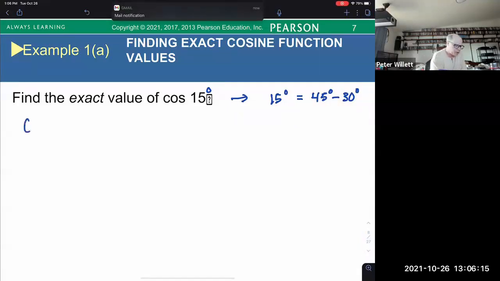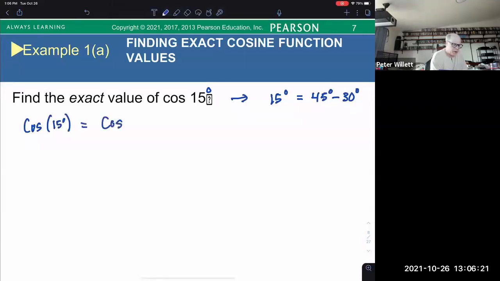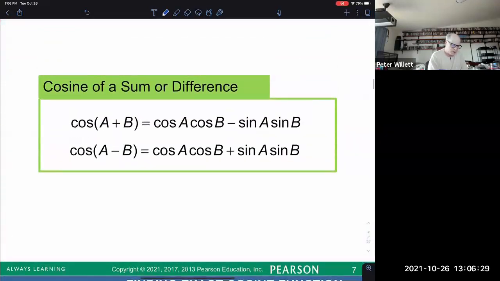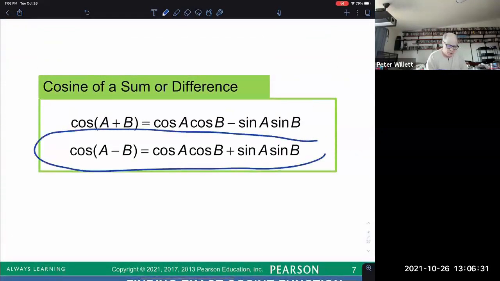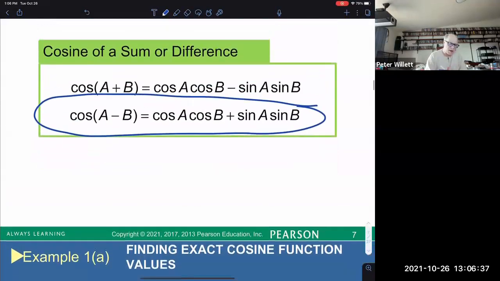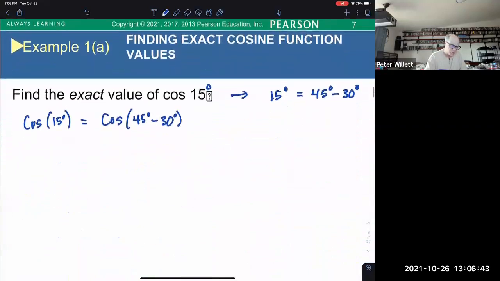So I can express cosine of 15 degrees as the cosine of 45 degrees minus 30 degrees. And then I can use the cosine of a difference of two angles formula, because then I can evaluate the cosine of the difference of those angles using cosines and sines of those angles, which, as we just said, we know.